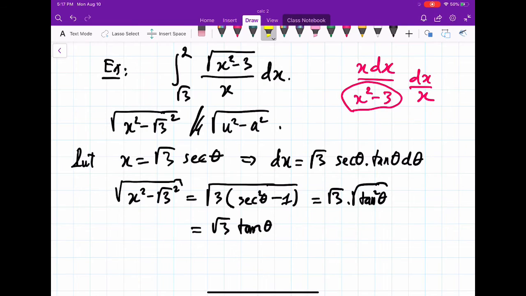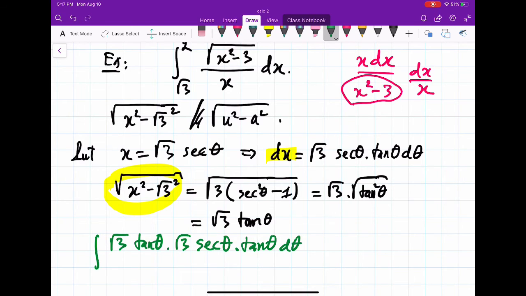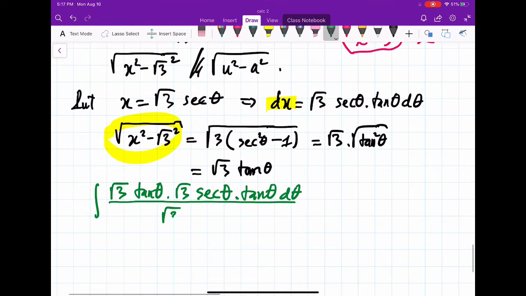We have dx. We have this part. Now we can rewrite our function in terms of theta, but I just write the antiderivative. So I write here square root of x squared minus 3 is square root 3 tangent of theta. Dx is square root 3 secant theta tangent theta d theta divided by x, which is square root of 3 secant theta.